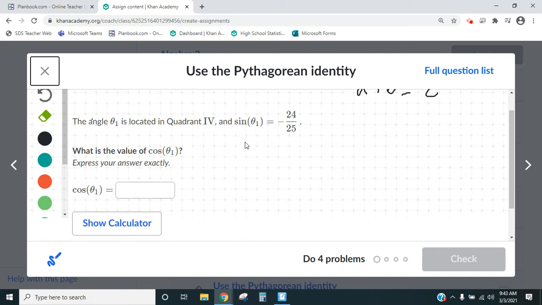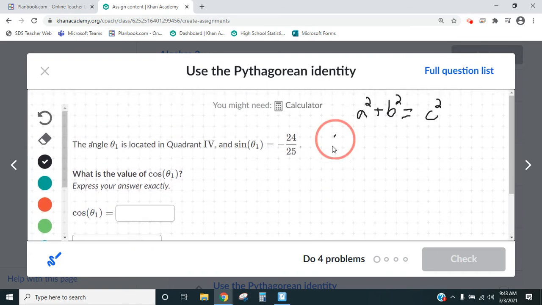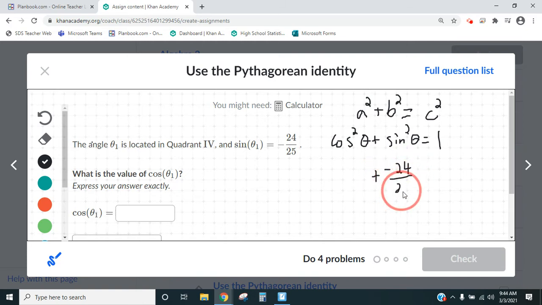Here we go. Here's our equation. We have cosine squared plus sine squared equals what number? 1. What do we know already? We know the sine is this. So this becomes squared. What we're trying to figure out is what is the cosine.